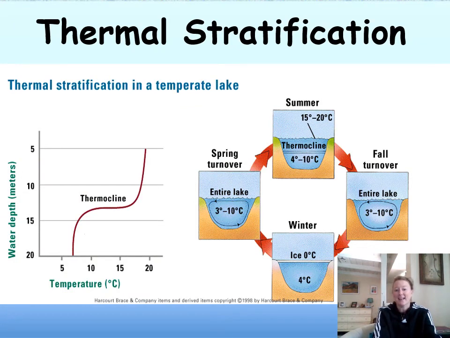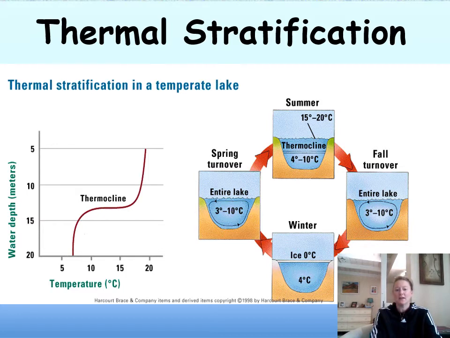All right, and the last thing that you have to know about lakes is thermal stratification. Okay, so as you go down in a lake, sometimes you hit this thermal layer that's called a thermocline. And it's usually a very thin layer, but in that thin layer, you can see a massive drop off in temperature. How is this formed? It depends where the lake is. Sometimes it's seasonal, as you see in the diagram here.